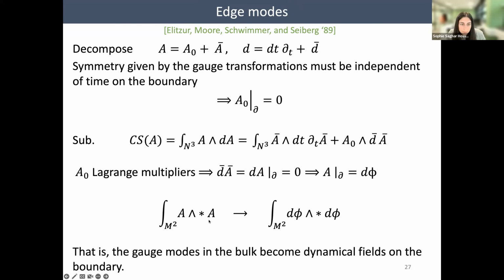Then we can substitute this back into this term, and we get back the action that we had originally for phi. So what is happening here really is that we have these gauge modes in the bulk that become the dynamical fields on the boundary when you impose the boundary condition.